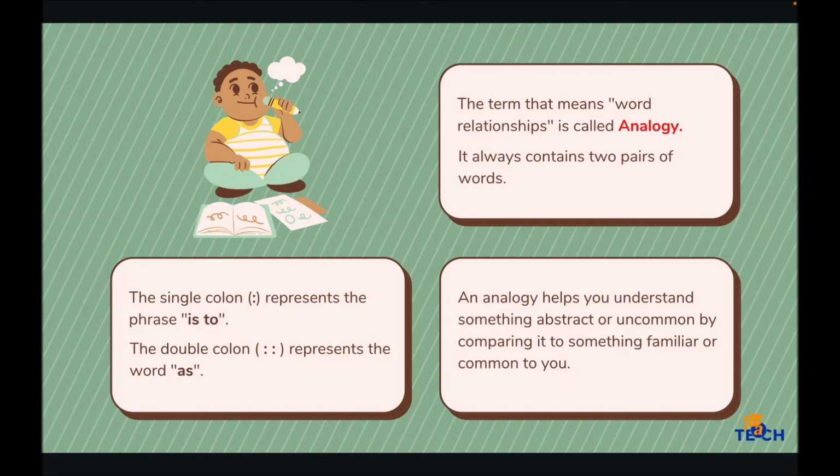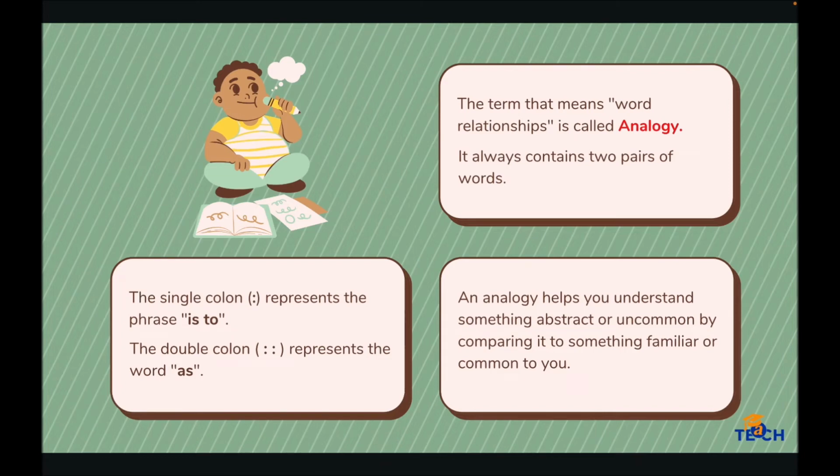The single colon represents the phrase "is to," while the double colon represents the word "as." Now, an analogy shows comparison between things that have similar features and is often used to help explain a principle or idea. And it helps you understand something abstract or uncommon by comparing it to something familiar or common to you.